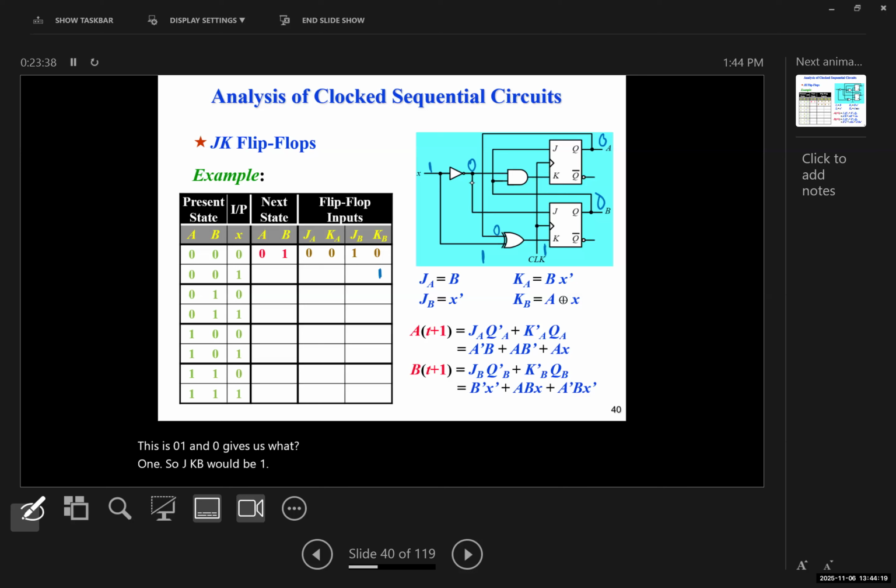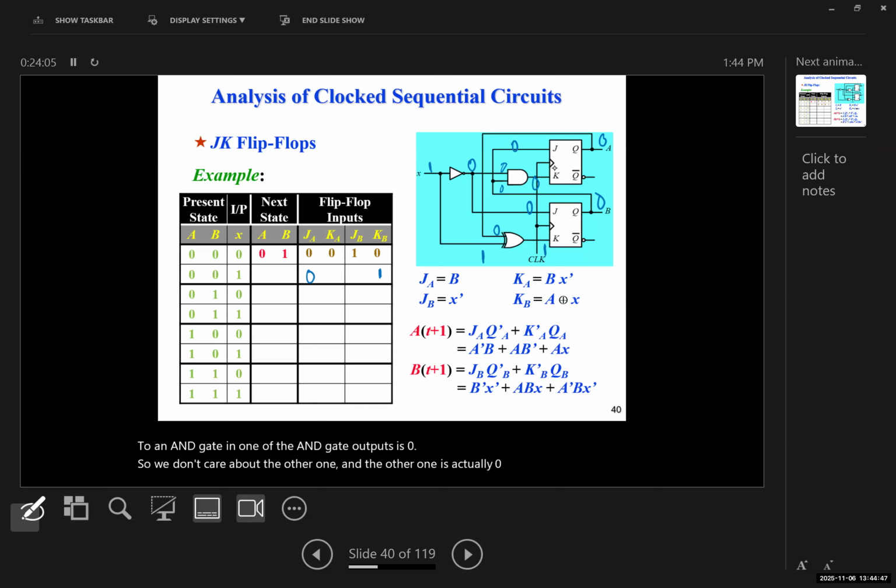What is JB connected to? 0. What is JA connected to? JA is connected to B, or 0. Thank you. And what is KA connected to? To an AND gate, and one of the AND gate inputs is 0. So we don't care about the other one, and the other one is actually 0.